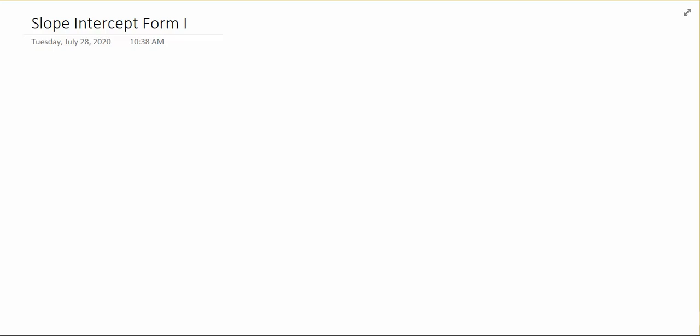Alright, so let's get right into it. What is the slope-intercept form?